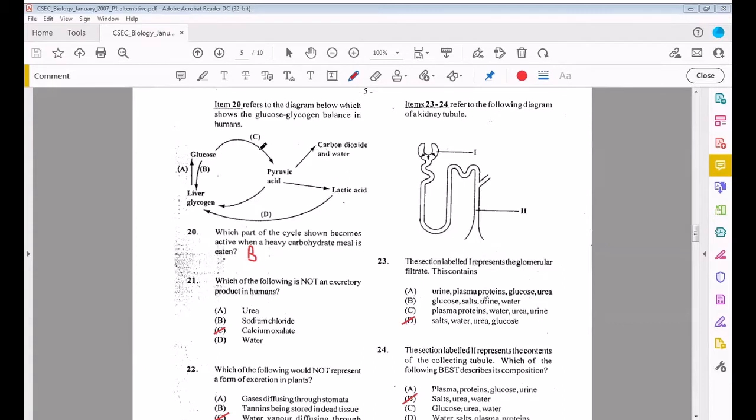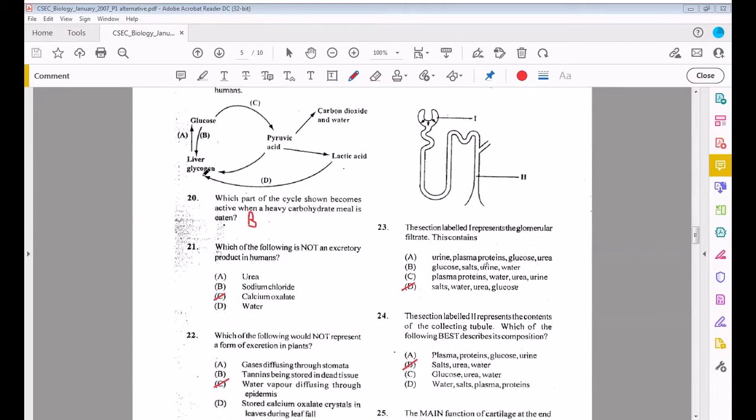So all of this is extra information, probably to tie you up a little bit. But this is the part here we're concerned with. If we have a lot of glucose in the blood, we're at here, right? And what happens? That glucose is converted into liver glycogen. So the answer is B. That's all we are concerned with at that point.